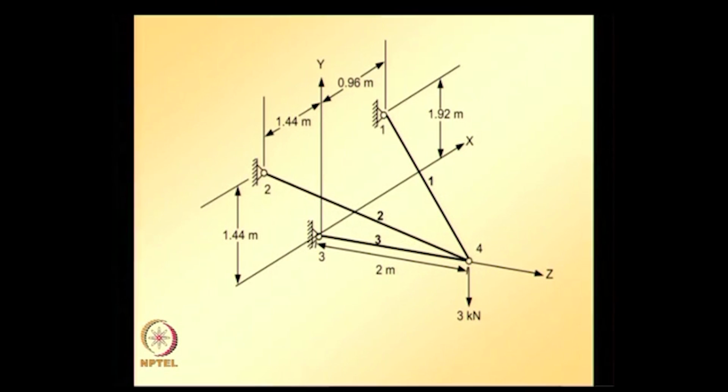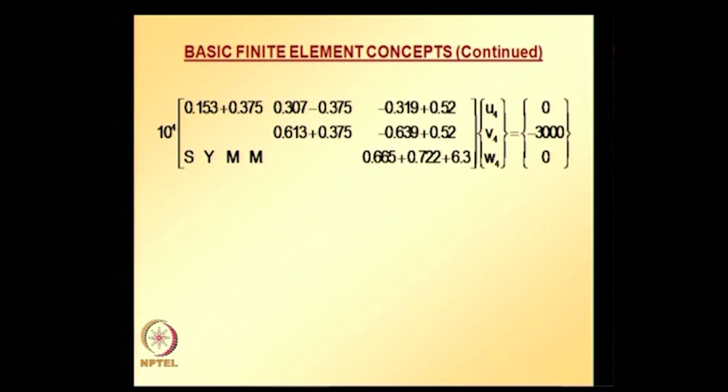So, this is what I just mentioned, nodes 1, 2, 3 are fixed, so the corresponding degrees of freedom are 0. So, we can directly write the reduced equation system which corresponds to the global equation system locations 10, 11, 12. This is the reduced equation system which is obtained by summing up the contribution from elements 1, 2, 3 at the locations in the lower quadrant of these element equations.